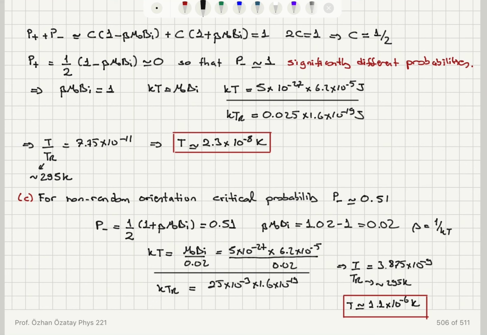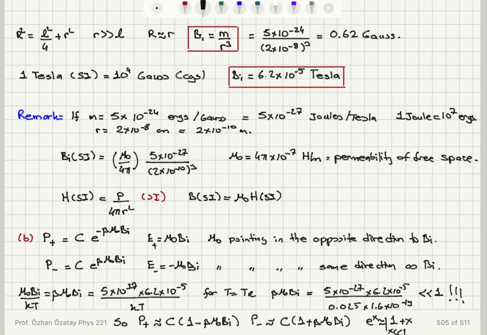So anyway, in order to break the entropy of the nucleus, we have to go down to microkelvin temperatures, and in order to have a significantly different probability for one orientation, we need to go down to almost a nanokelvin range, so 2.3 10 to minus 8 Kelvin.